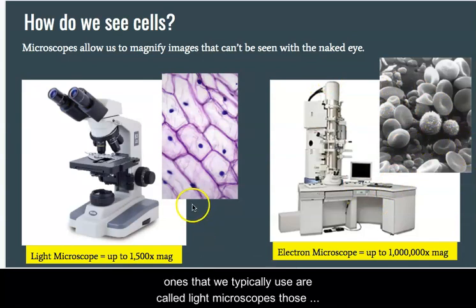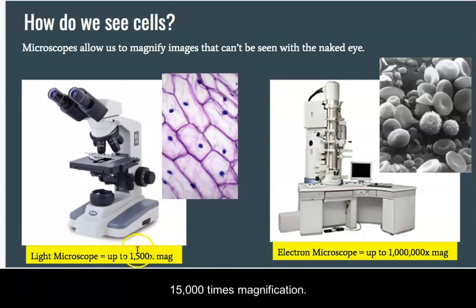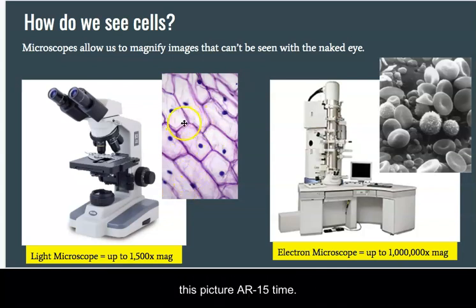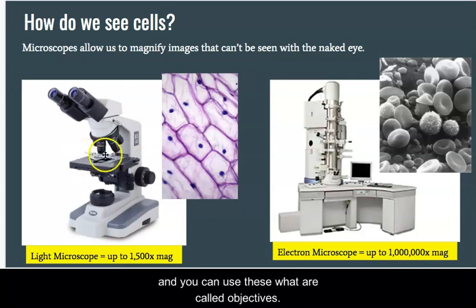The ones that we typically use are called light microscopes. Those are on the left, and they can zoom in up to about 15,000 times magnification of what you would normally see. So the cells in this picture are 15,000 times larger than they are in real life. It uses light to shine on the slide that's right here on the stage.